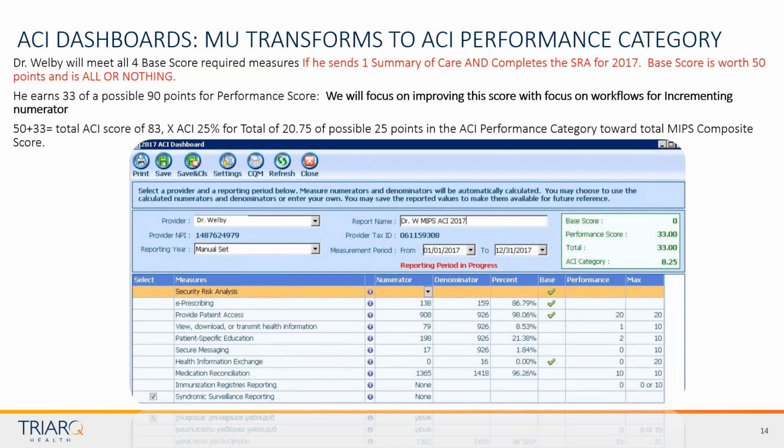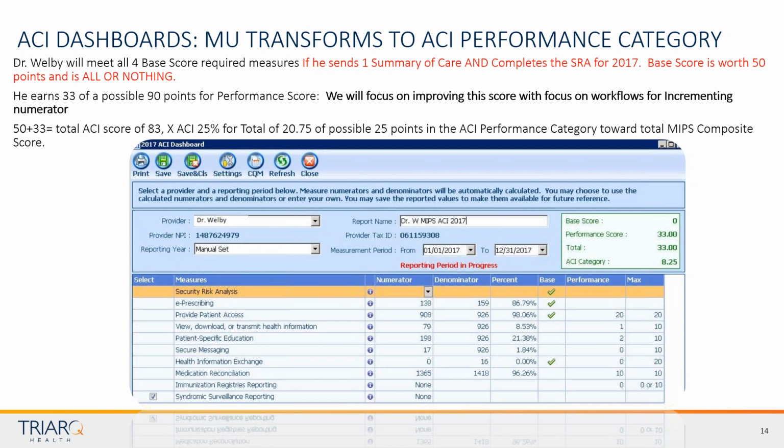Most are 10, 2 are 20, and this is representative of the fewer measures that are available to us in the transition dashboard as opposed to the ACI dashboard. So they doubled up on 2 of the measures, providing patient access and health information exchange. You can earn more points in those categories. It's really just math. We take the percentage, so 98.06%, you see that as the provide patient access.